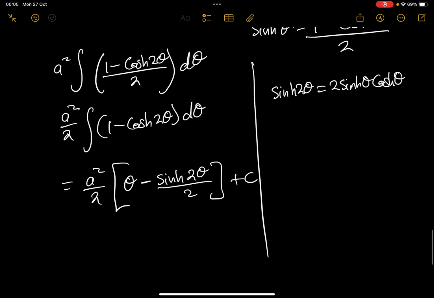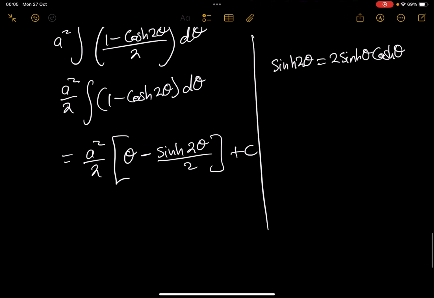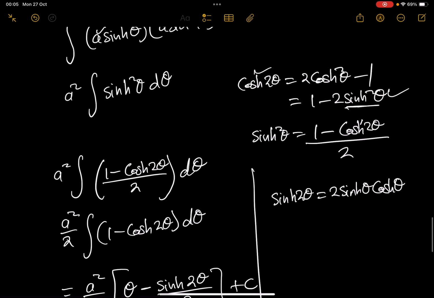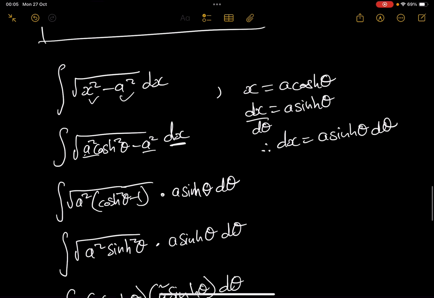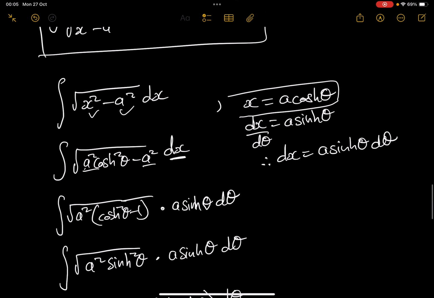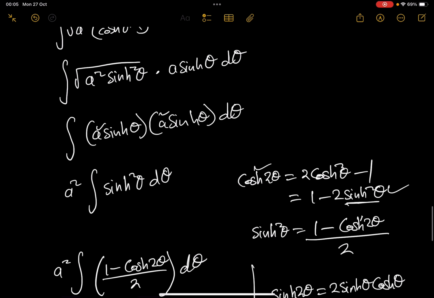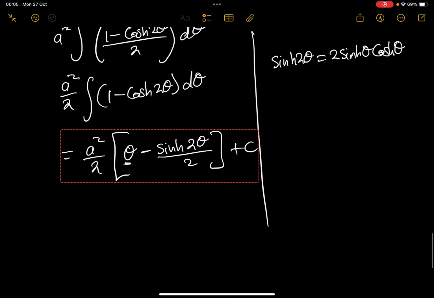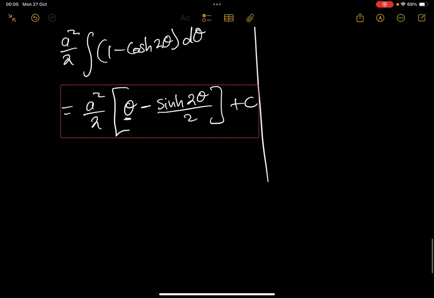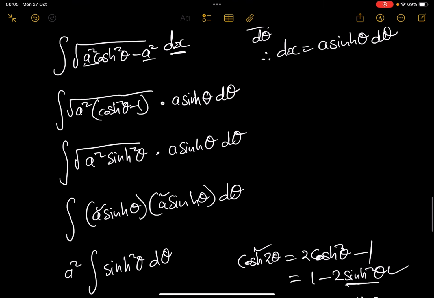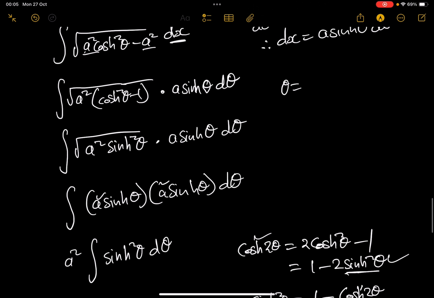So here we are at this point. Now let's come back to theta. Remember, we can get theta from the expression that we declared at the beginning, that x is equal to a cos theta. So theta is equal to cos inverse of x over a, right?